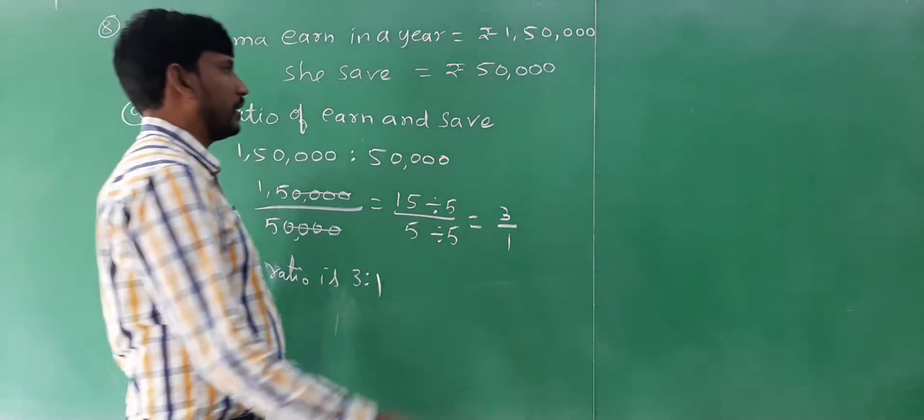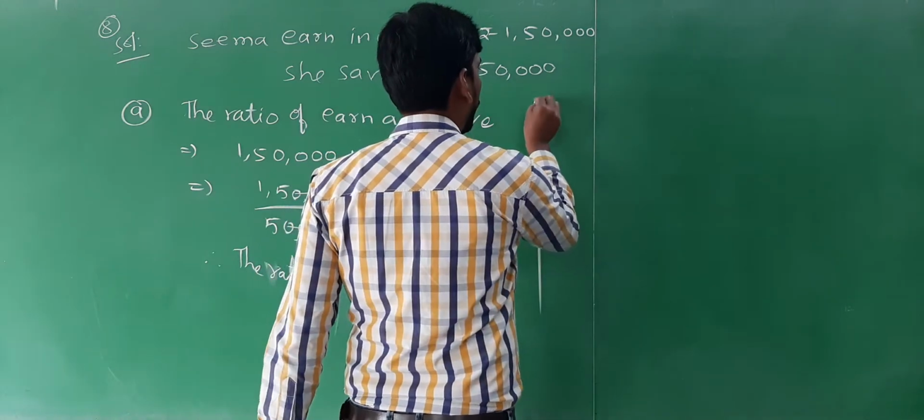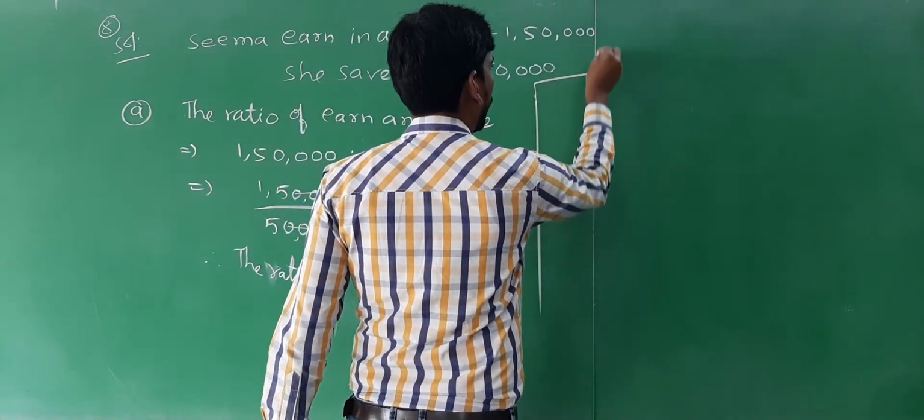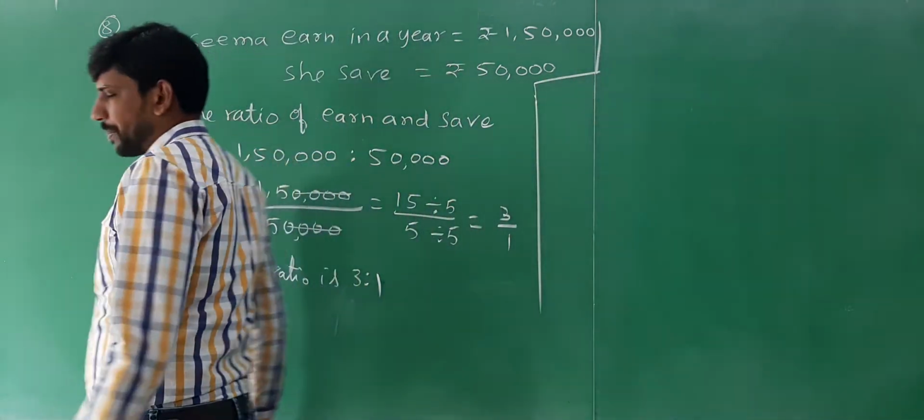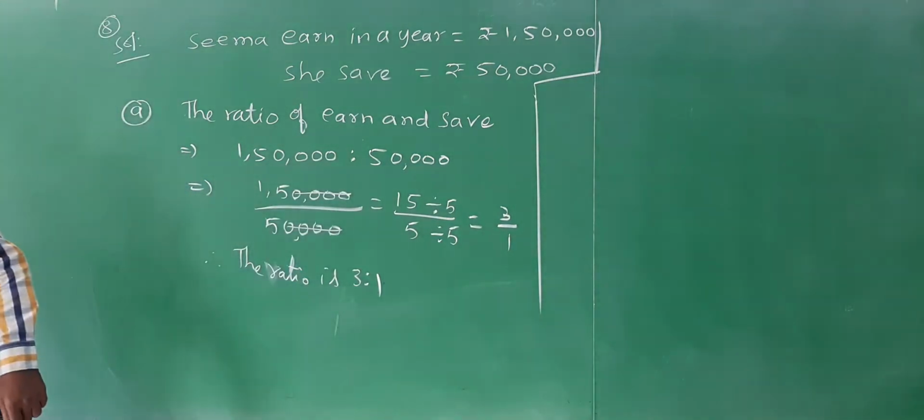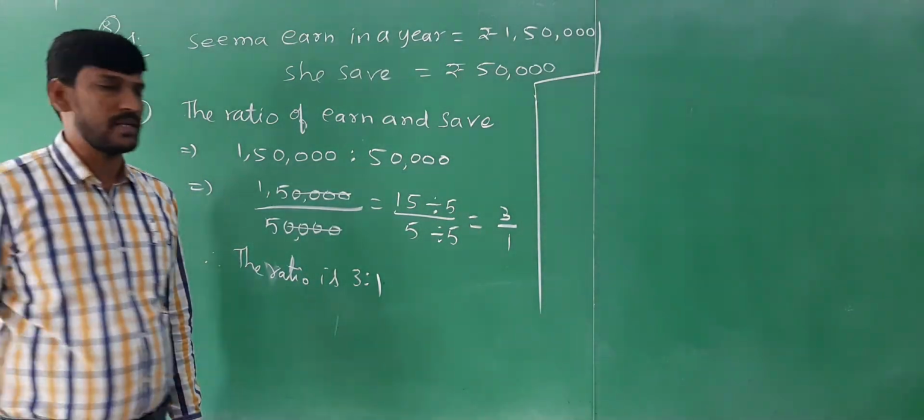Now B bit, they are asking to find the ratio of savings as well as spend. How much did we spend?